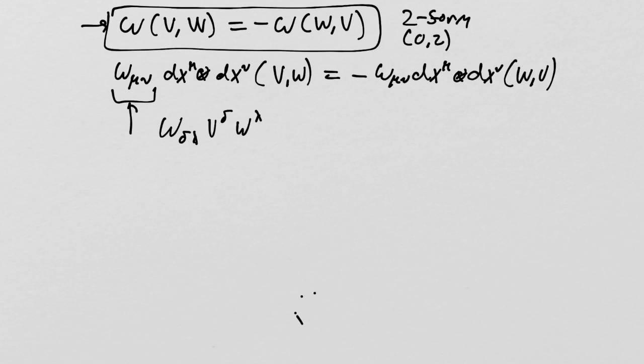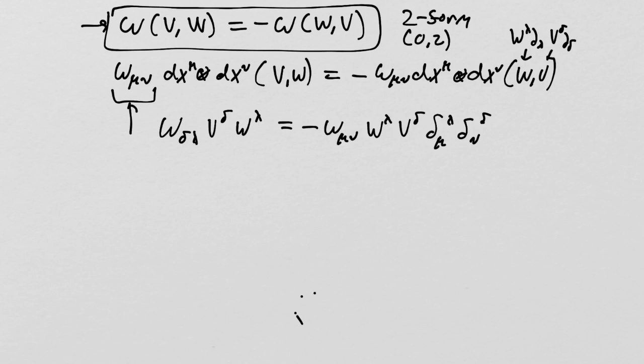If we reverse these two, so now we have w lambda partial lambda, v delta partial delta, and we put those in here like this, we're going to end up with the opposite delta functions. We're going to end up with w lambda v delta, but the delta functions are going to switch, and we're going to get omega mu nu with lambda delta.